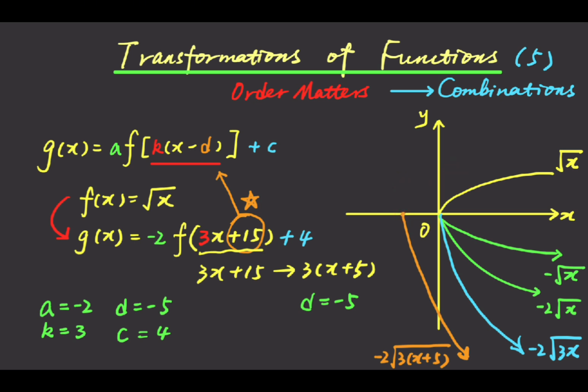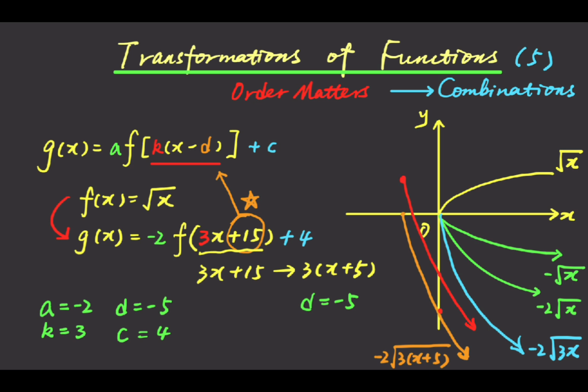Then we move this point to here, this point to here, this point to here. Then we connect them to figure out the transformed function g(x), that you say this point, it should be here.